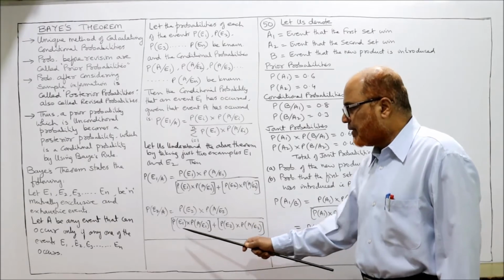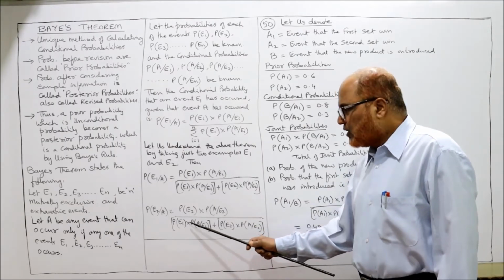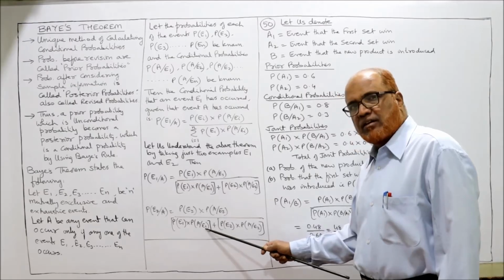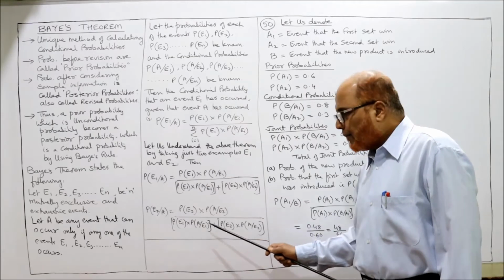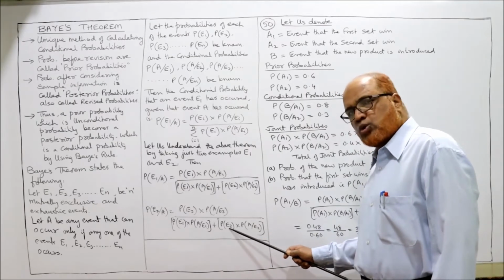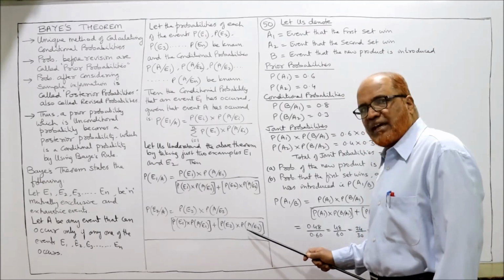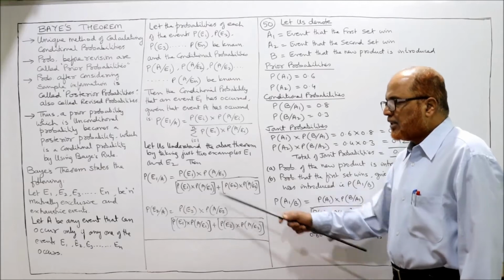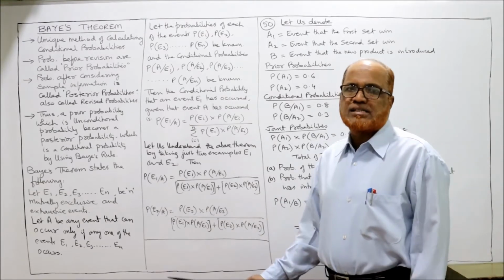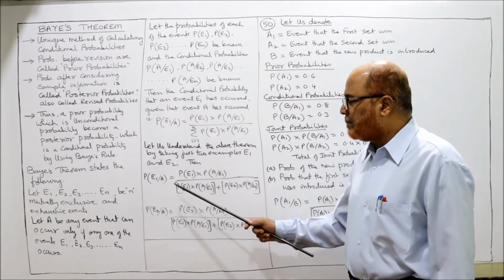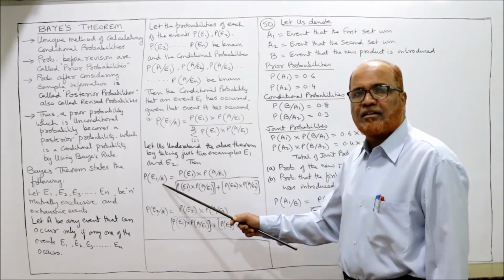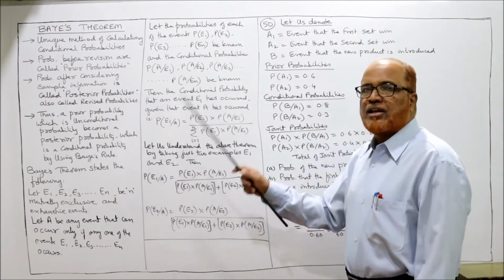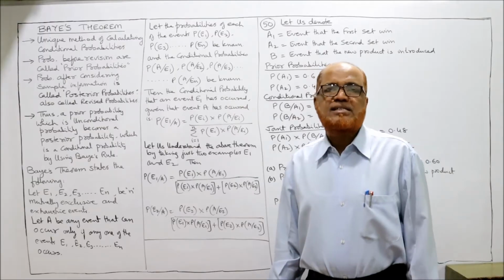The denominator is the same: P of E1 into P of A given E1, which is a joint probability, plus P of E2 into P of A given E2, the total of the joint probabilities. This is the formula of Bayes' theorem for calculating P of E1 given A. That's all. So this explanation is regarding Bayes' theorem.